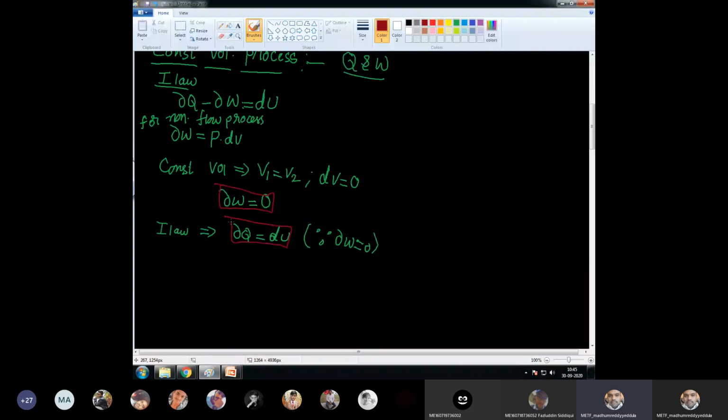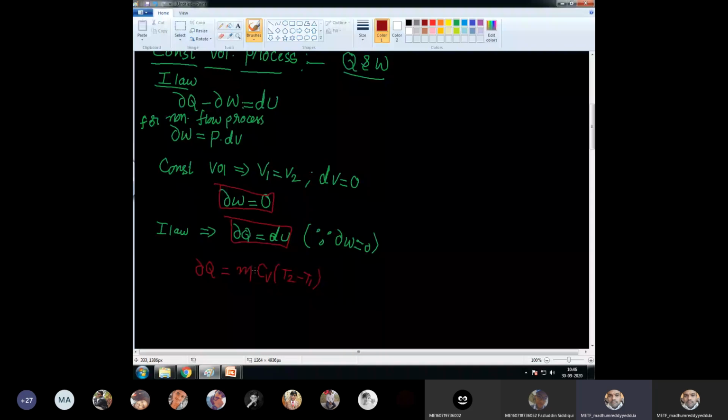Dou Q is equal to, for constant volume, M into CV into T2 minus T1, heat addition. Agree? Heat addition at constant volume, M into CV into T2 minus T1.